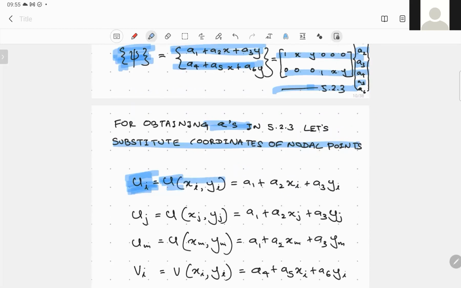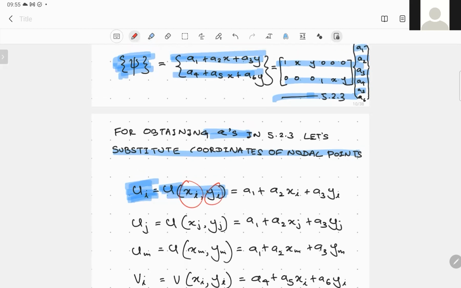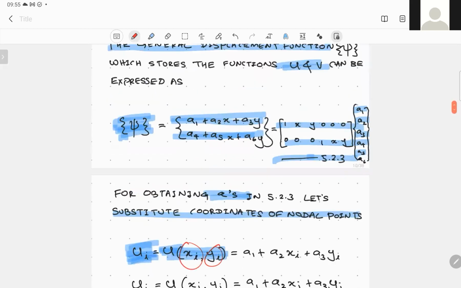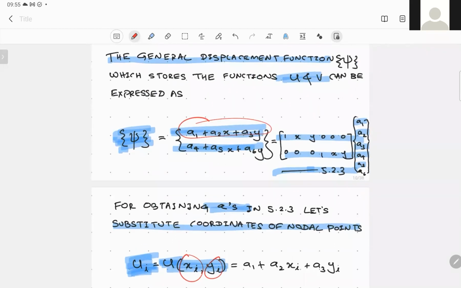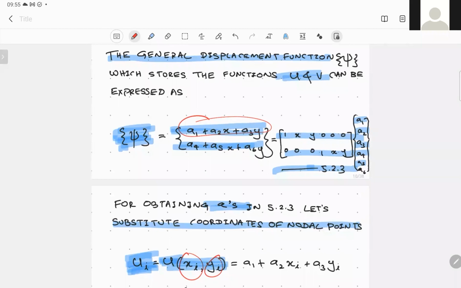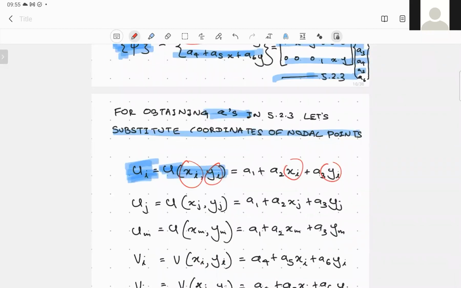We know this is a function of x and y coordinates, so you simply plug the x and y coordinates into the u equation here, and you would obtain the function using the a1, a2, and a3 exponents.